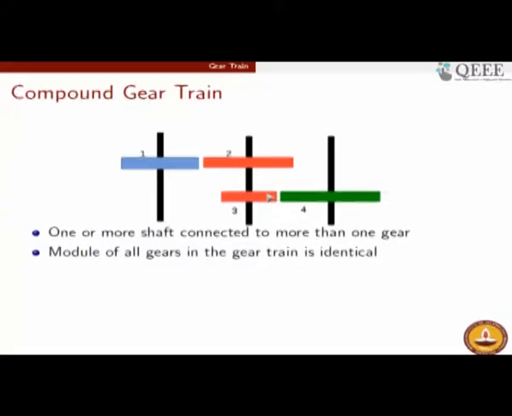But universal standardization will make life simple both for the designer and for the assembly line people, to have modules of all the gears in the gear train identical. So the modules of all the gears in this compound gear train are identical, not by any technical requirement, but in order to avoid confusion even in the assembly line process, that's why they would like to make it a compound gear train.